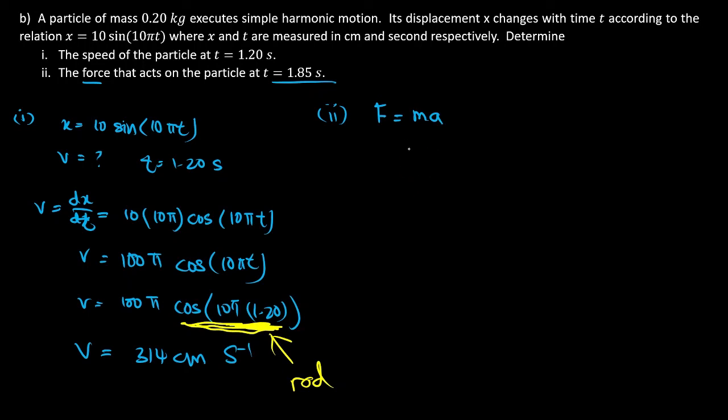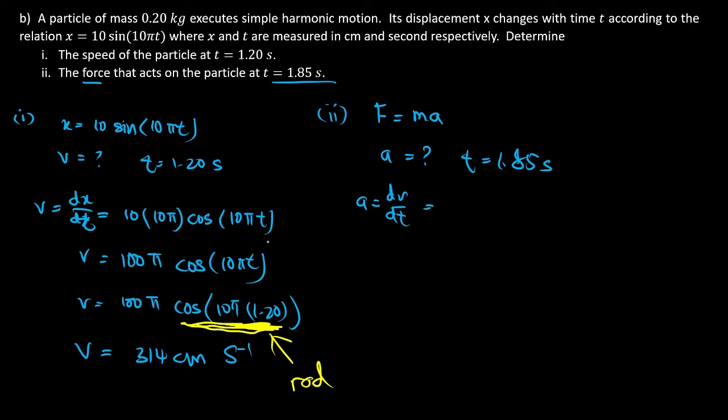So you have to find your a when t is equal to 1.85 seconds. So how do you get your a? a is the differentiation of your velocity, or the rate of change of the velocity. So you differentiate your v equation and you will get your a.